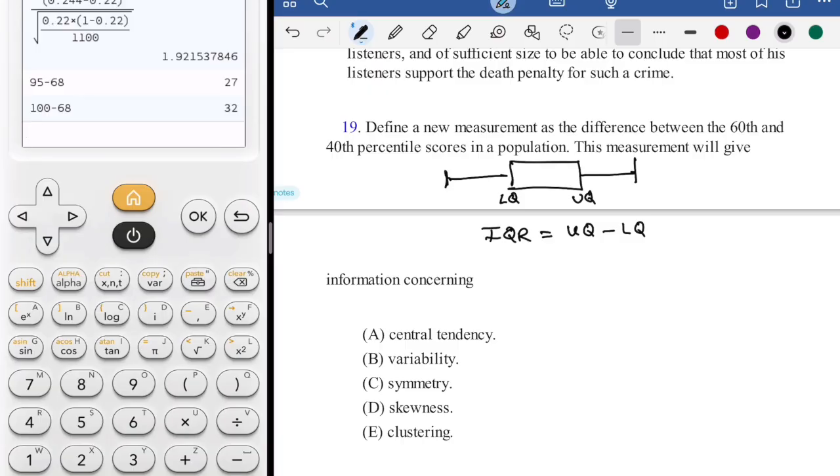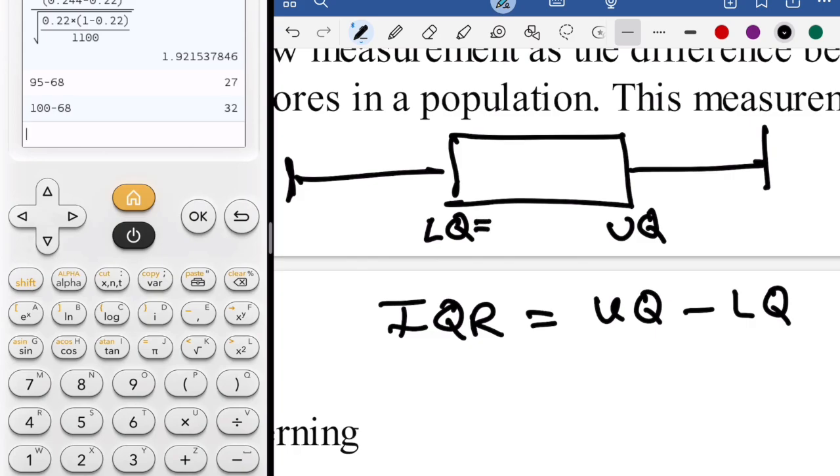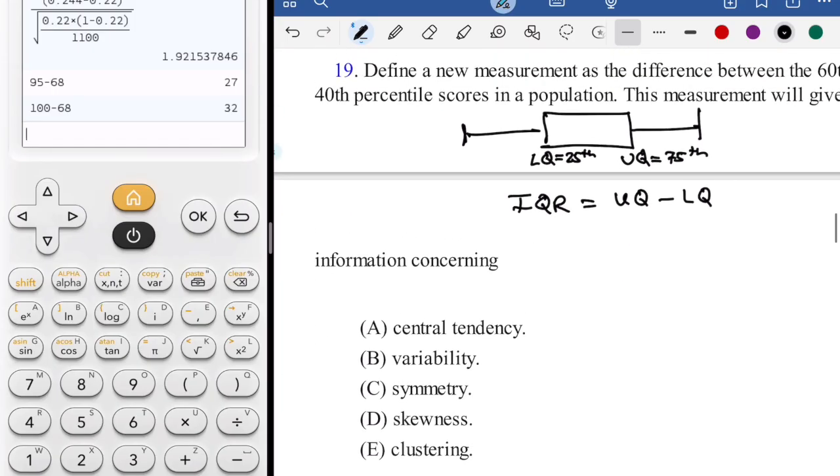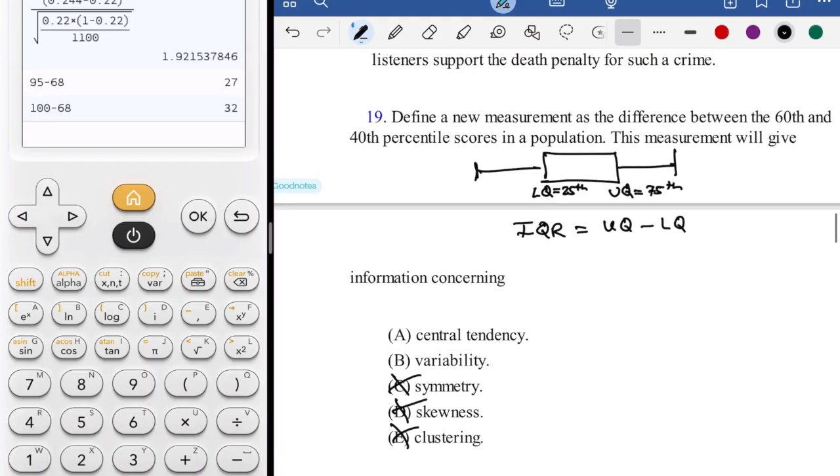It could be anywhere in that interval, right? And just to refresh your memory, lower quartile is 25th percentile, upper quartile is 75th percentile, right? So it's more analogous than actually correct. But we wouldn't be able to tell anything about symmetry, skewness, clustering, not enough information. And again, central tendency like mean or median, we wouldn't be able to determine, so it would be B here.